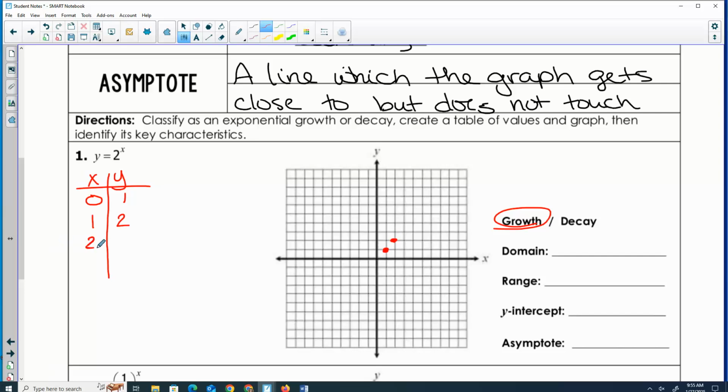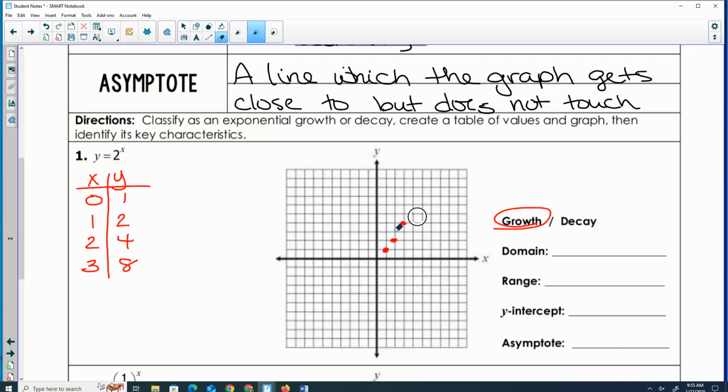If I put in a 2, what is 2 to the second? 4. If I put in a 3, what is 2 to the third? 8. My points are off, aren't they?